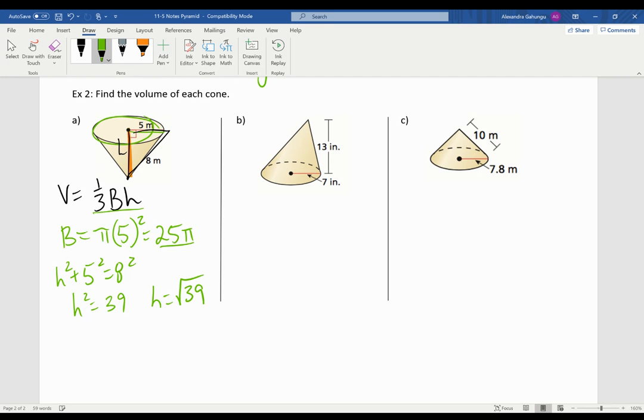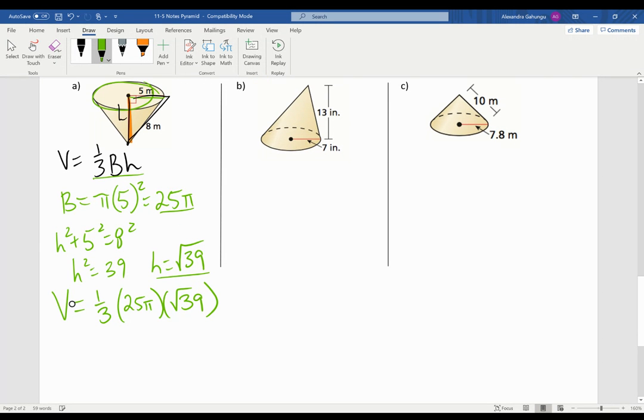So I've got my base, got my height. So it's 1/3 big B, 25 pi rad 39. This is not pretty, but you can write it any way you'd like. Since we've got both a rad and a pi, I'd probably want to round it to the nearest tenth.